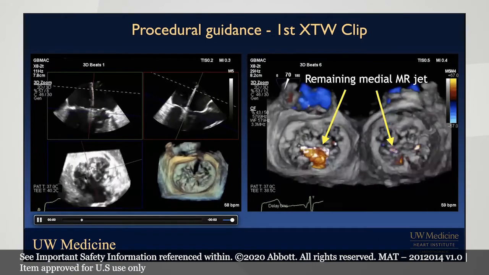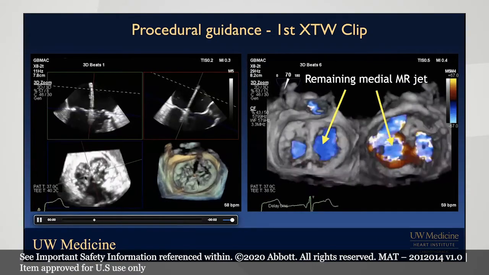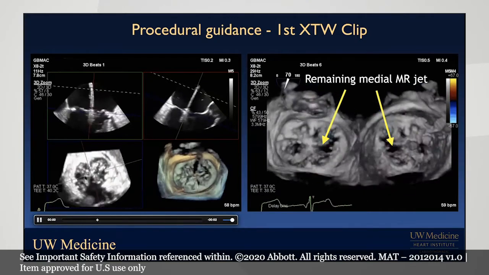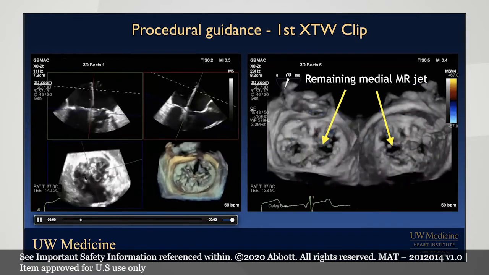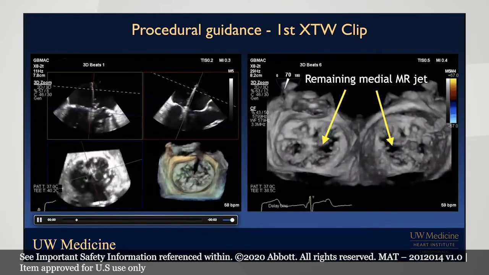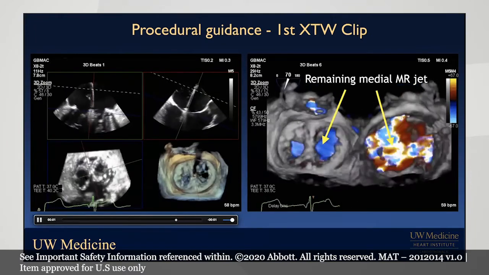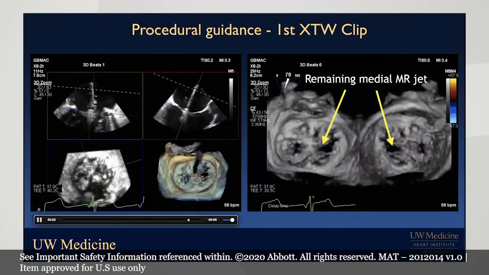Now the 3D en-face and ventricular view on the right-hand side illustrate remaining MR from both sides, both lateral as well as medial. But when we look especially and flip that image around, we can learn that the medial orifice seemed to be larger and therefore potentially the better target for a next clip if we were to think that that was necessary.